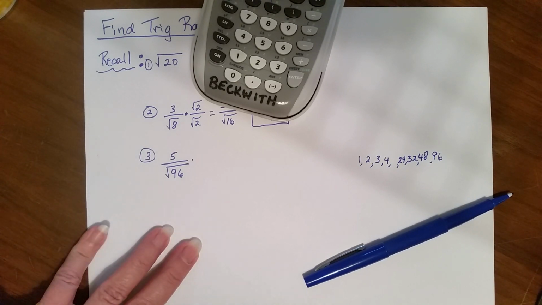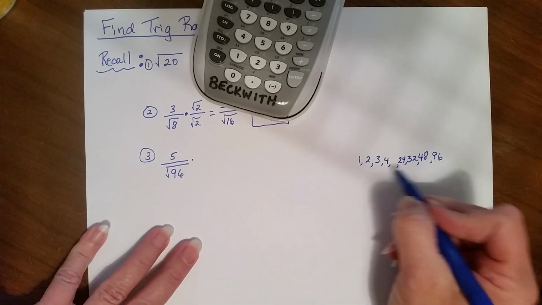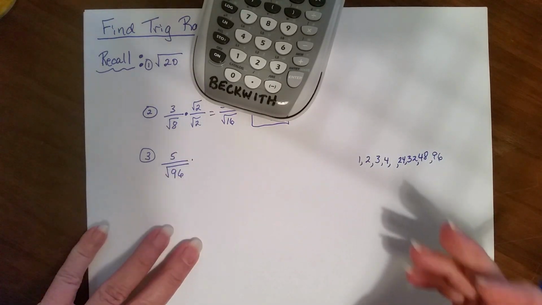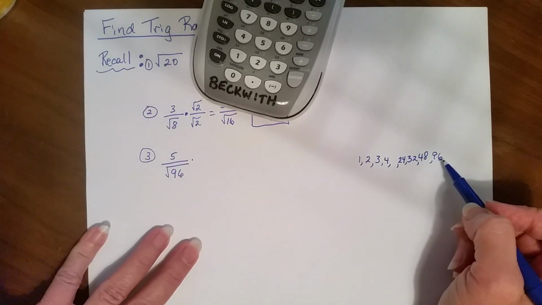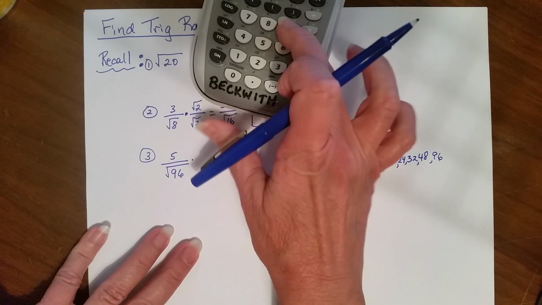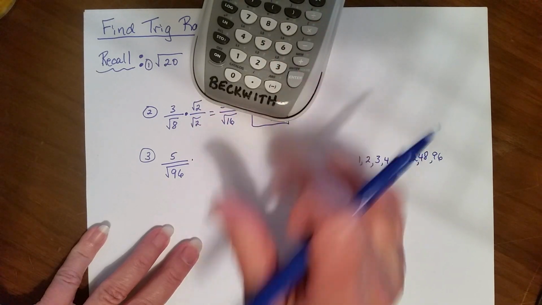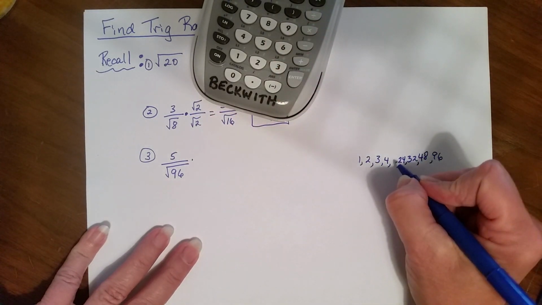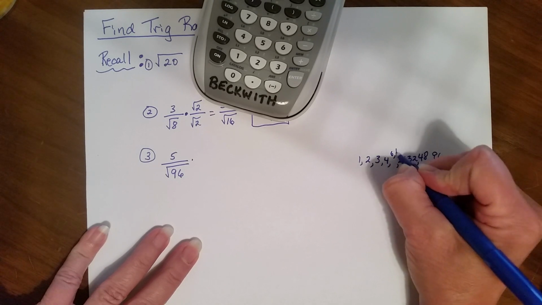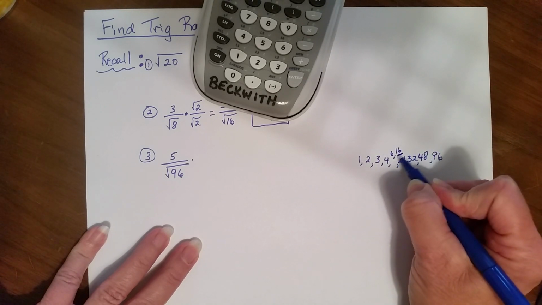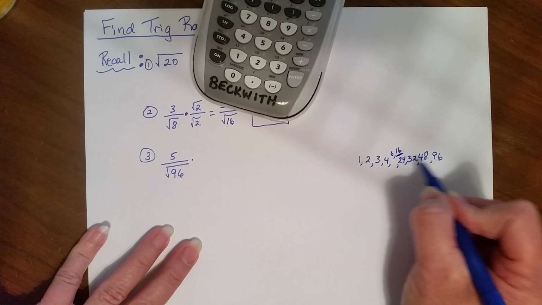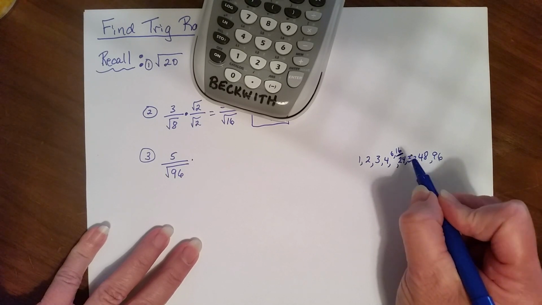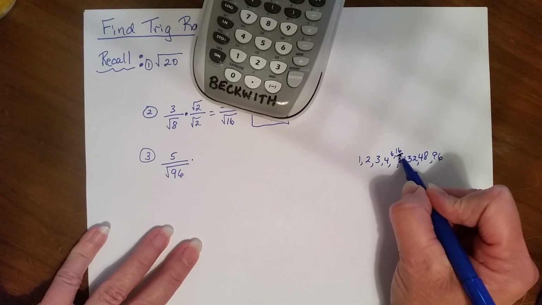Let's just keep trying. I'll see if 96 is divisible by 5. Well, it's not. Okay, 96 divided by 6. Let's try that. And I get 16. Okay, so also 6 and 16. So 16 is a factor of 96, and it's the largest perfect square factor.